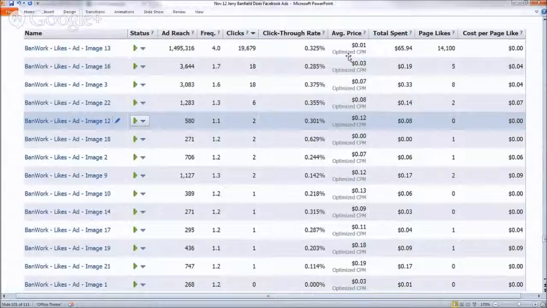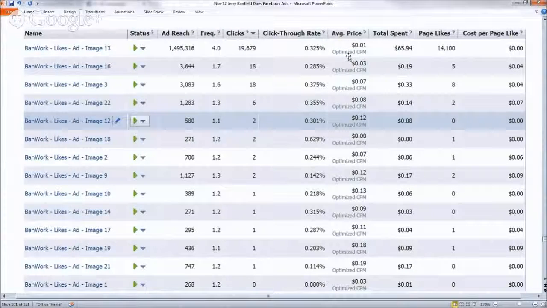Now, optimized CPM technically is cost per 1,000. And the click-through rate is per 100. So the click-through rate, you actually times it by 10. So that's 3.25 times the 1 cent. And then you can see I'm getting 3 clicks for every cent I spend.